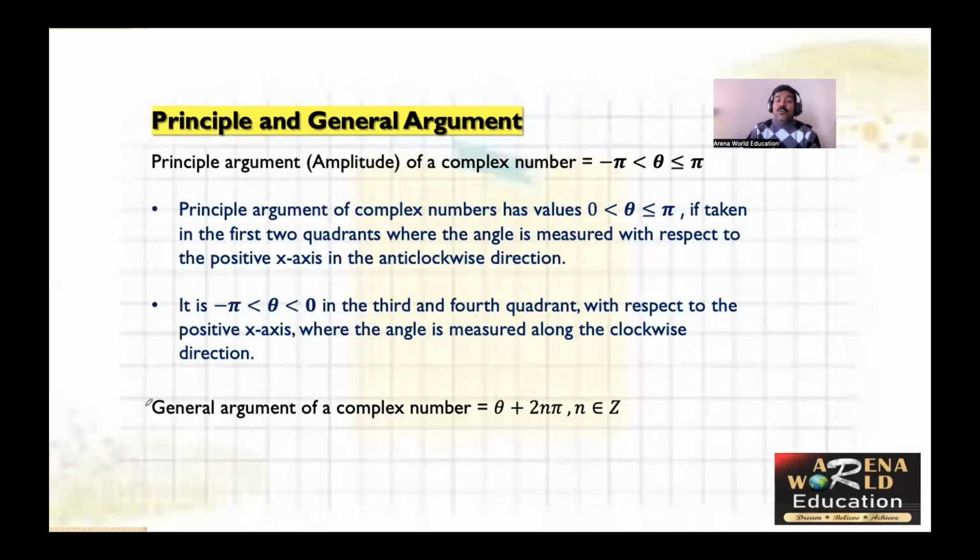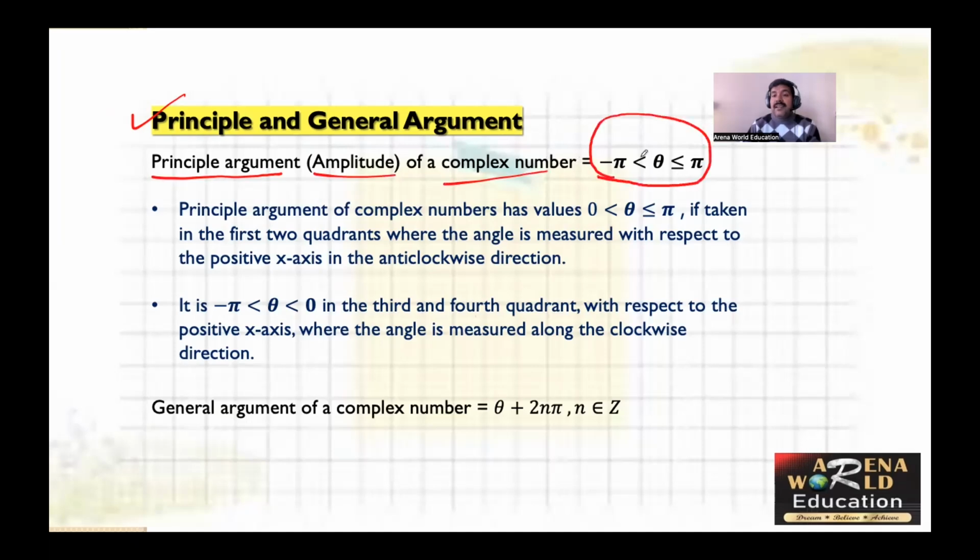Look at this one. Whenever we talk about argument, we have principal and general argument. What is principal argument? It is also called amplitude of z. The principal argument of a complex number always lies between minus pi and plus pi.